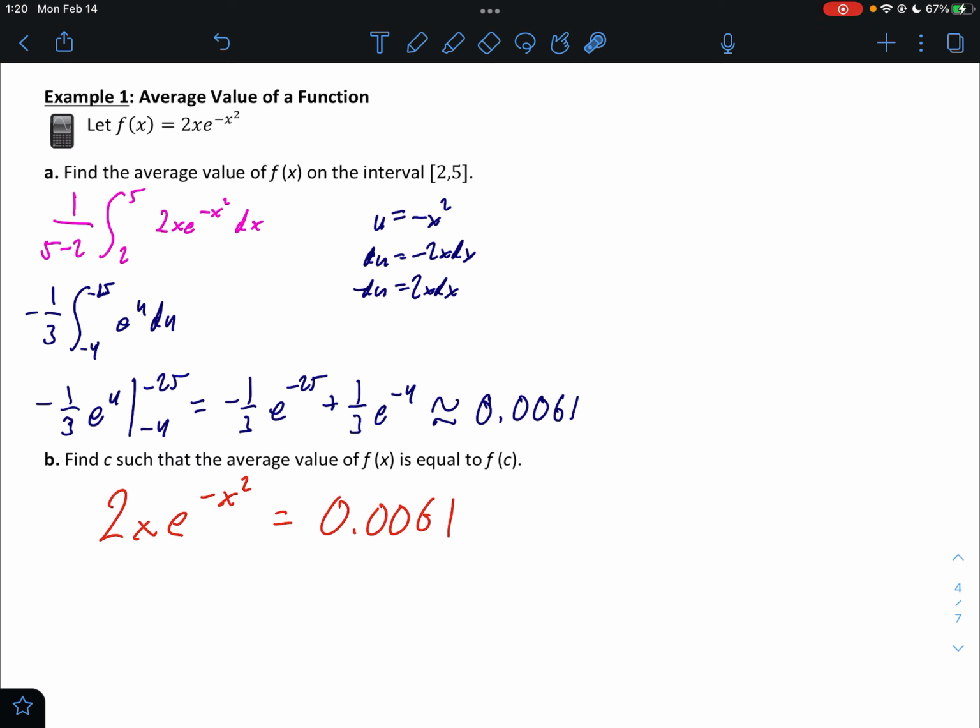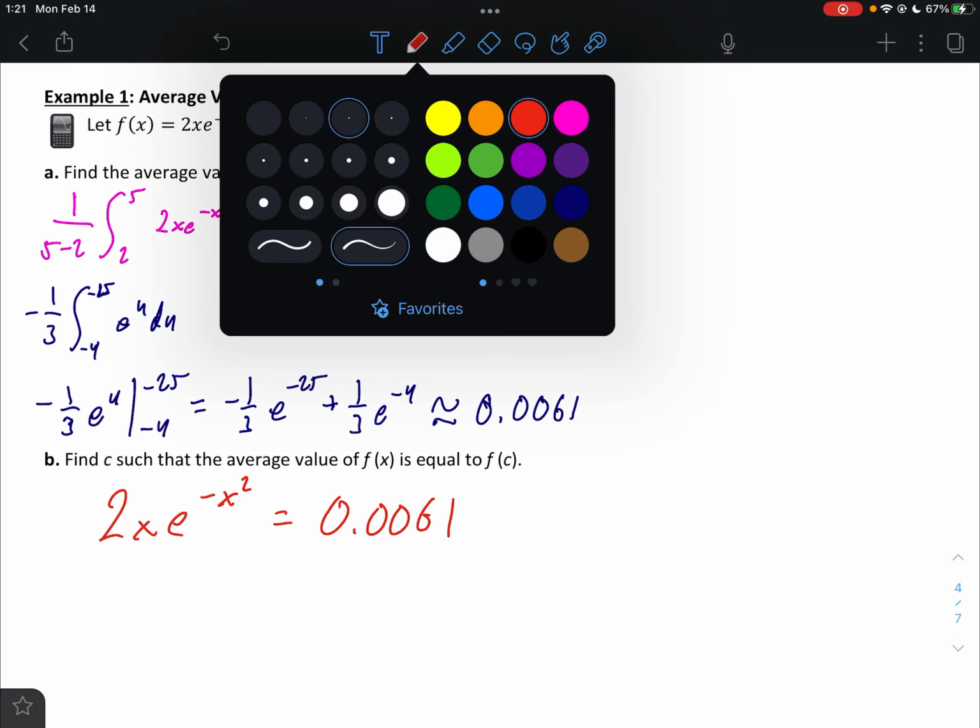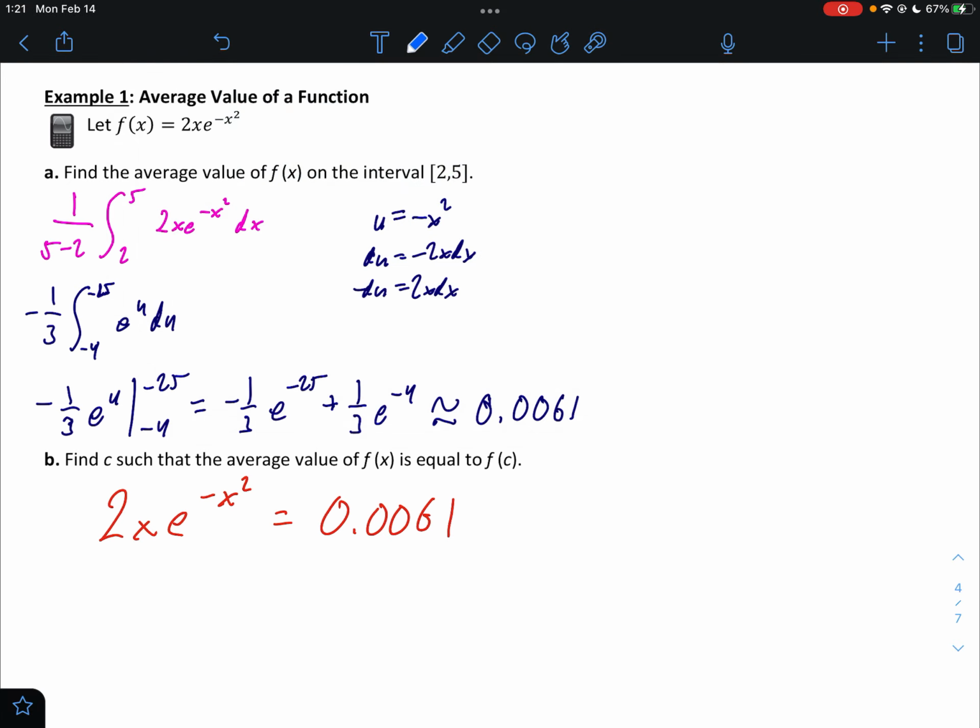I'd love to be able to do this without a calculator, but it's probably not something we are able to do right now. So the best way to do this would be to type this in y1, type this in y2, graph them, and see where they intersect.